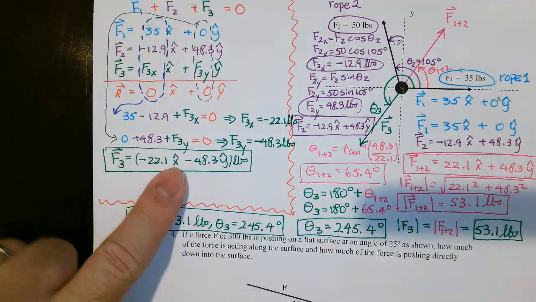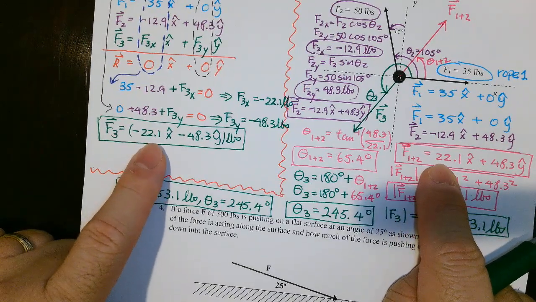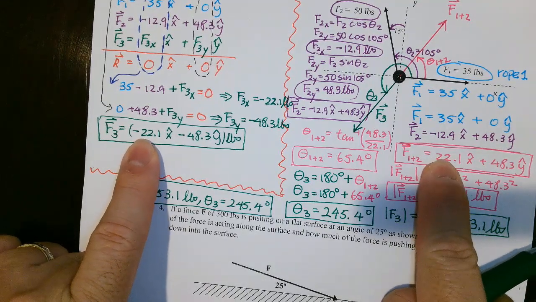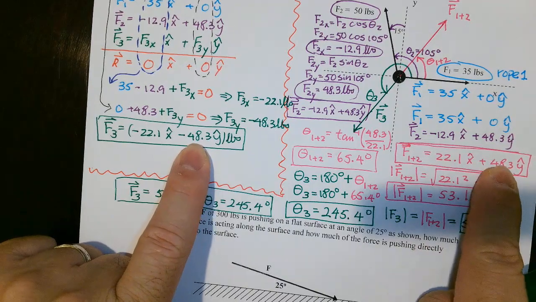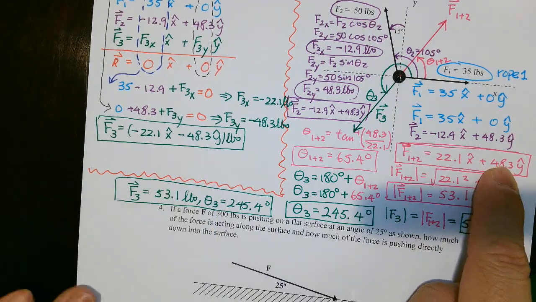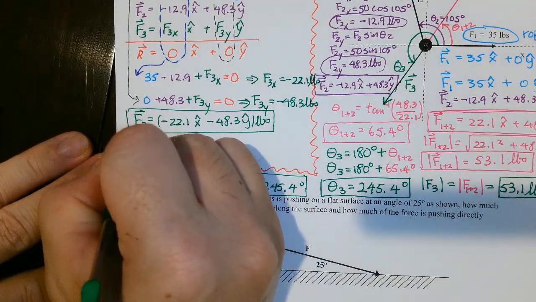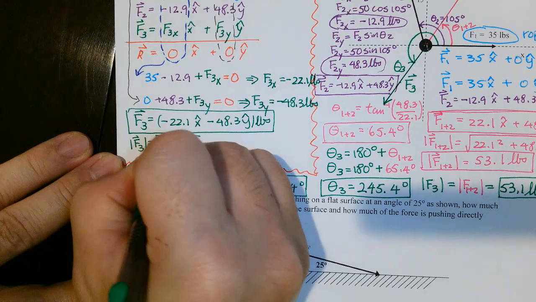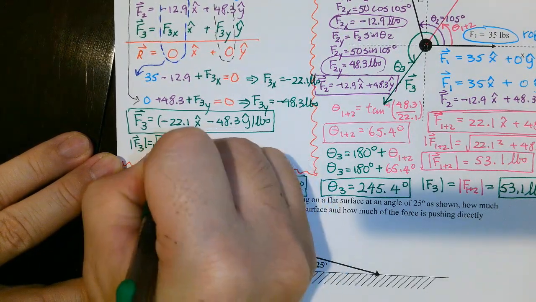And look at that. That is exactly the opposite of my F1 plus F2. This is negative 22.1. This is positive 22.1. This is negative 48.3. And this is positive 48.3. Okay? And finding the magnitude, you already know how to do that. So all you have to do is just do square root of 22.1 squared plus 48.3 squared.